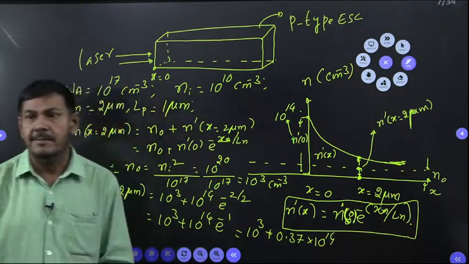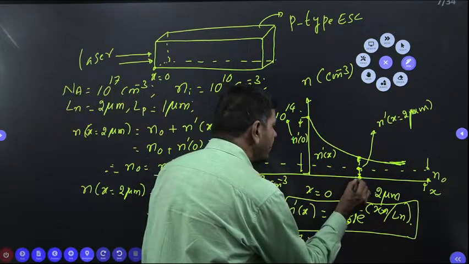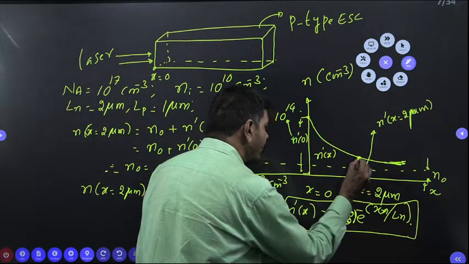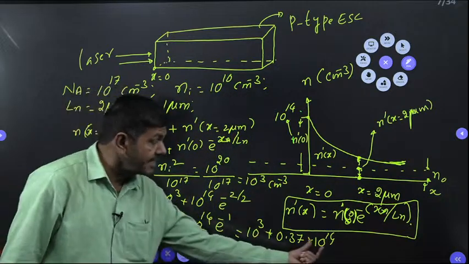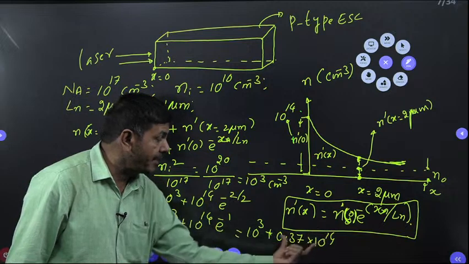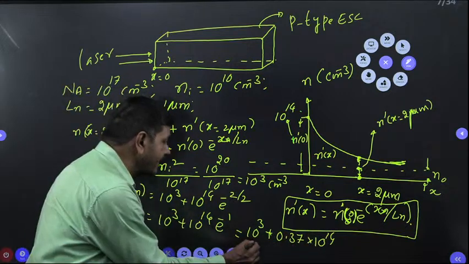Now try to catch my point. I want the concentration at X equal to 2 micrometers, means from here to here I want now. But here 10 power 3 is very small as compared to 10 power 14. Whenever it is very small, I can neglect this value, no doubts.